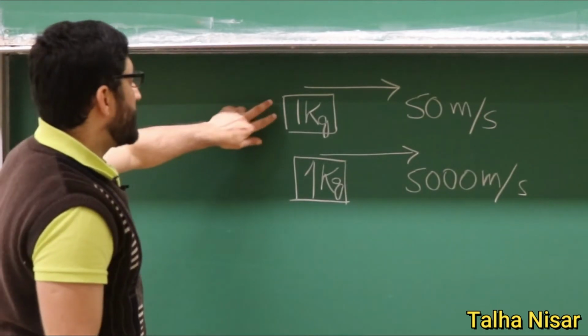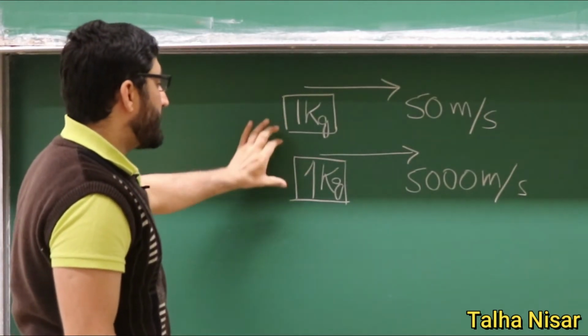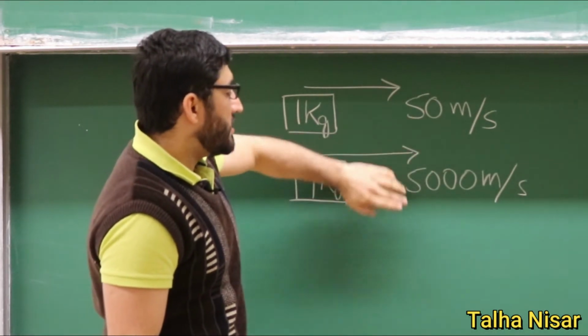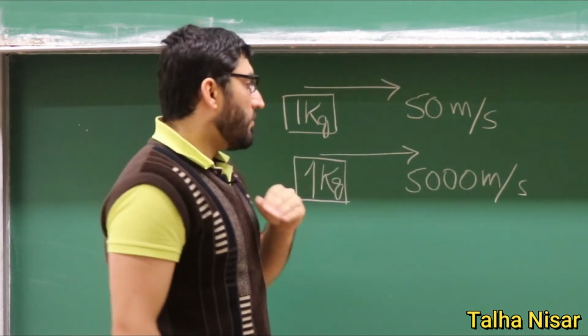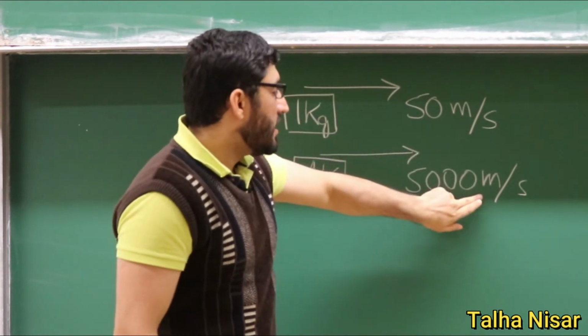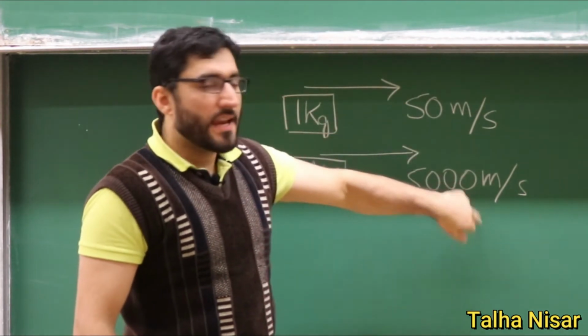So the masses are the same, but they are moving with different velocities, and there is a huge difference between the velocities.